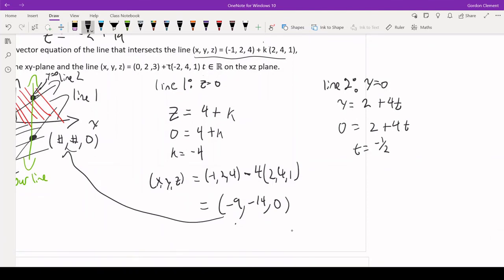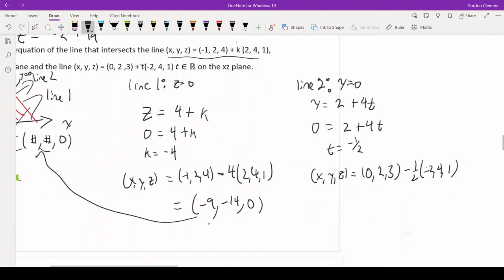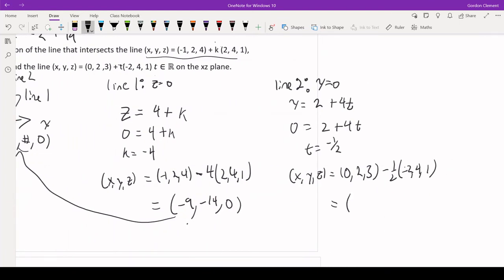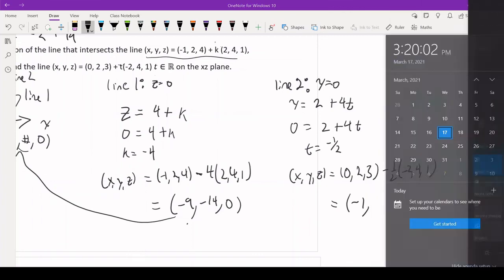And then I'm going to solve for that full point then. So x, y, z equals 0, 2, 3, -1/2 times -2, 4, 1. And so I'm going to get the point 0 take away, that'll be +1, oh, +1.